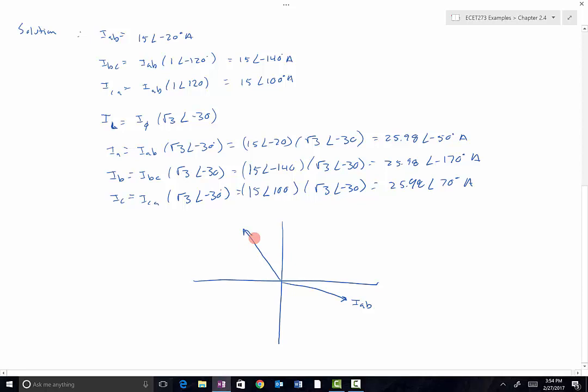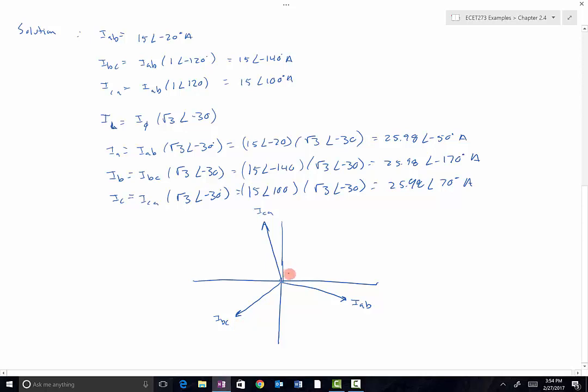Oh, nope, sorry, that's not right. That's 100 degrees is what's in that quadrant right there. So 100 degrees is roughly right there. That looks better. So that's ICA. Sorry about that. IBC is negative 140, so that's this quadrant right here.